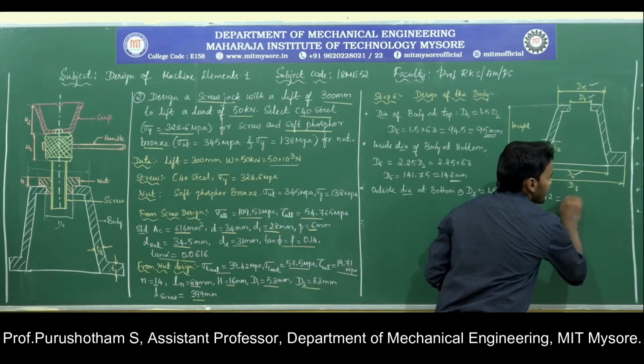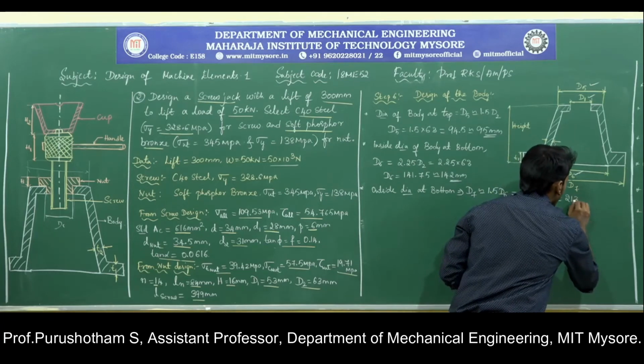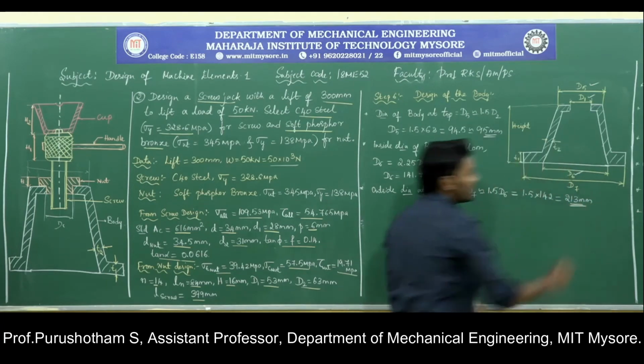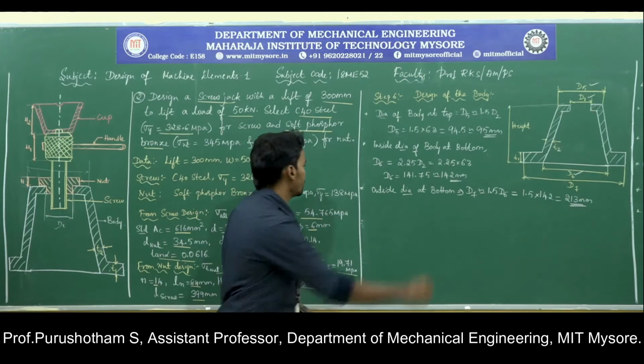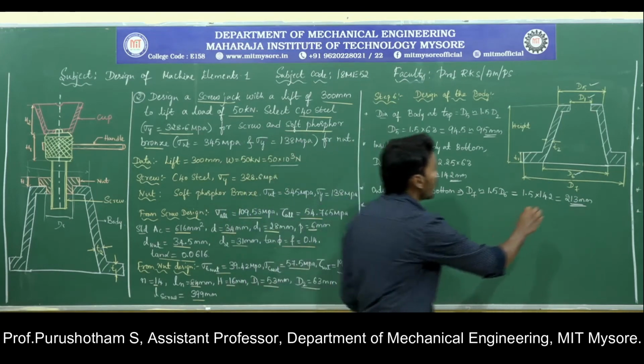If you simplify this, you will get 213 millimeter. D7 is also done.